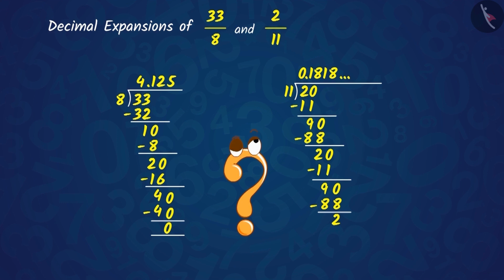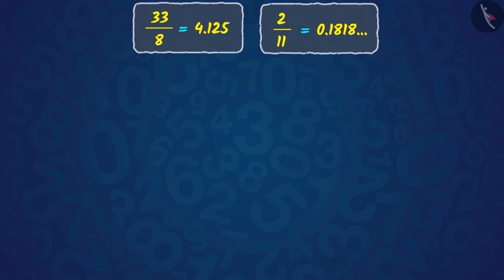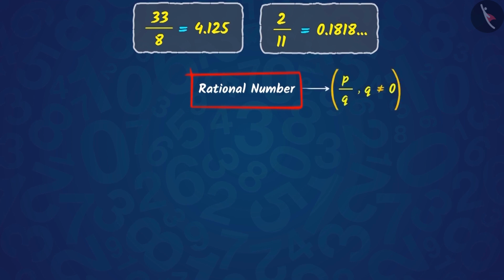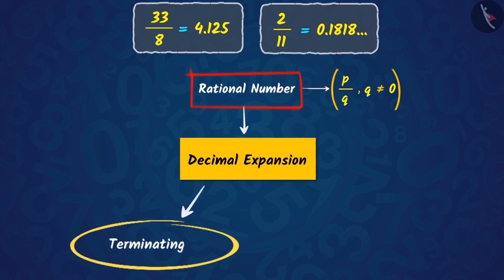Can you tell which method have we used here? Perfect! We have used the division method here. What do you understand by looking at these decimal expansions? You studied in your last class that the decimal expansion of a rational number P upon Q, where Q is not 0, will either be terminating, like here.